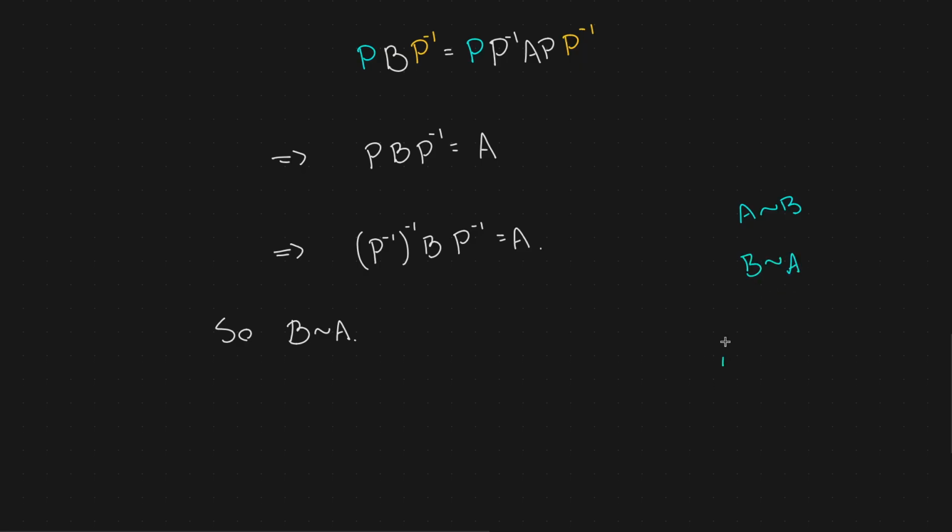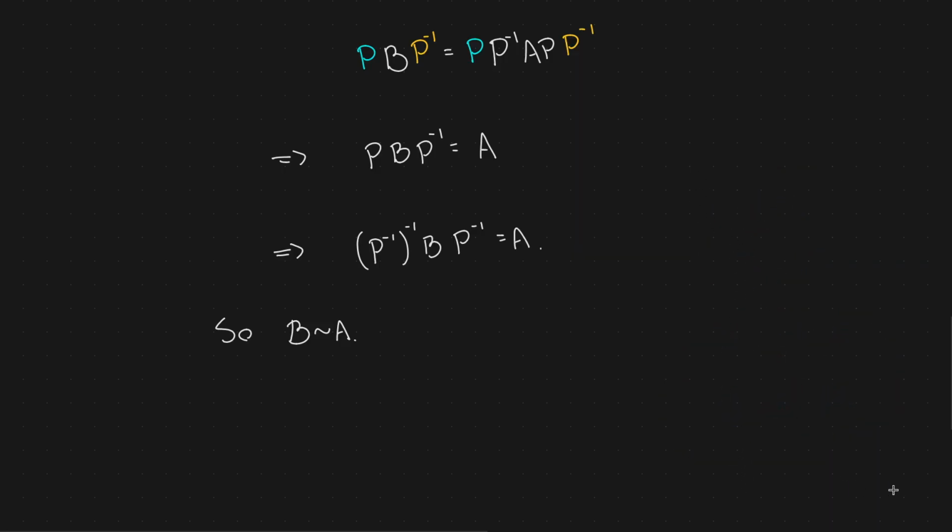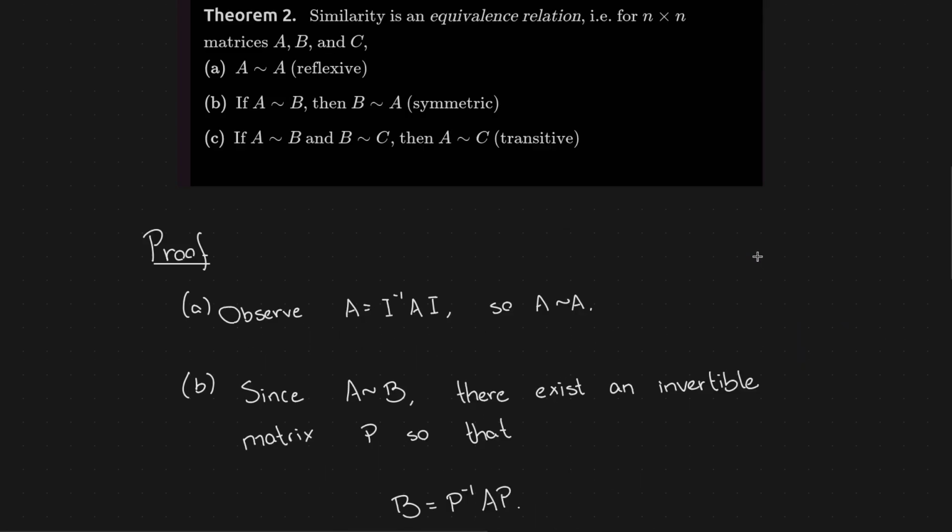All right? So that means A is equal to P inverse BP, but also B is equal to some other matrix, let's call it Q, Q inverse A, Q. All right? Both are true. If either one of these are true, then both of these are true. Okay, so that proves part B.